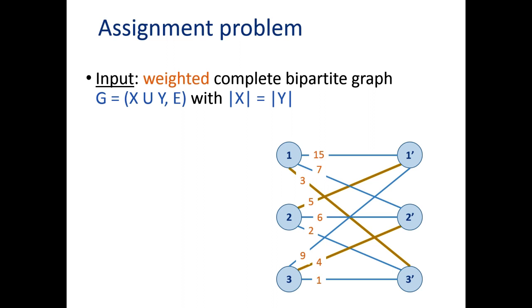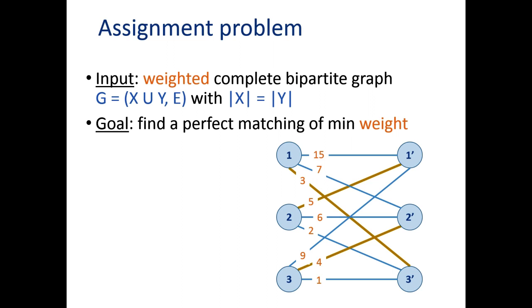I hope it's not going to confuse anyone. The left-hand side and right-hand side have the same size, so there's always a perfect matching, but our goal is to find the best perfect matching. And the best I'm going to define as minimum weight. Maximum weight in this setting would be equivalent, but for me think of these numbers as costs, so we want to talk about minimum weight.